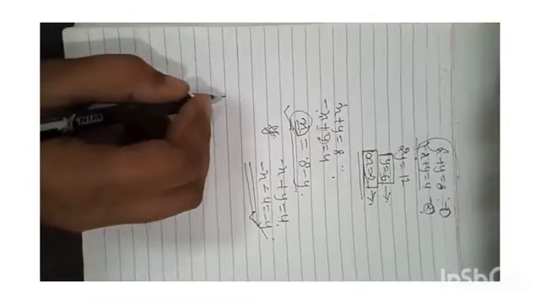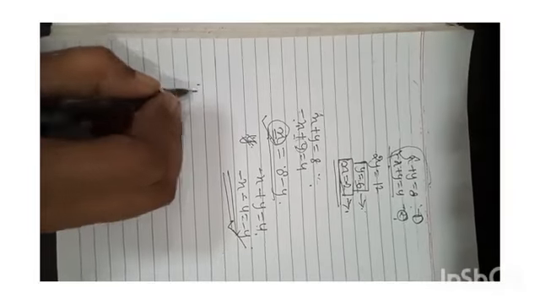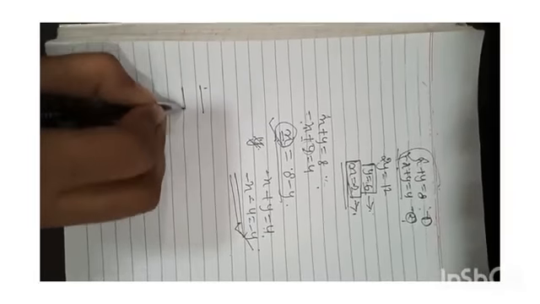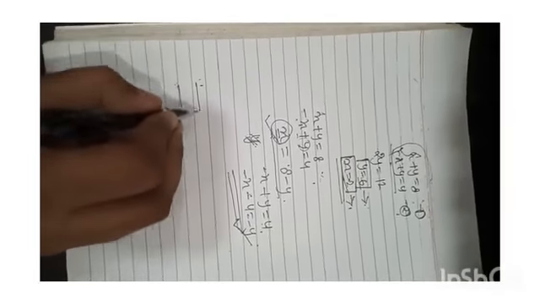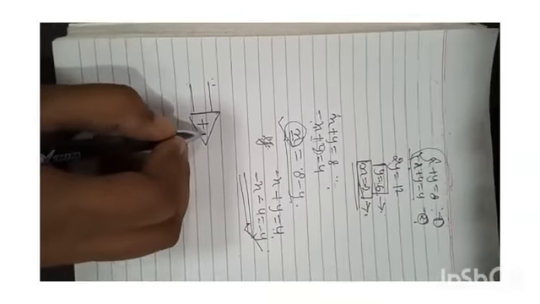Now let me show you one more thing here. How am I going to perform this in my analog computer? I am going to represent that here. Let us assume this is my input, and this is my summer amplifier.